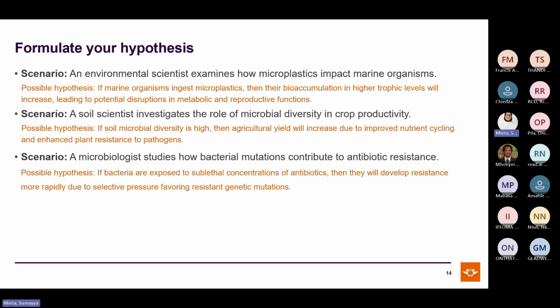We all look at it differently, and I would love to see the angle from which you have looked at the scenario and what you would be interested in formulating as a hypothesis. Is there anyone?